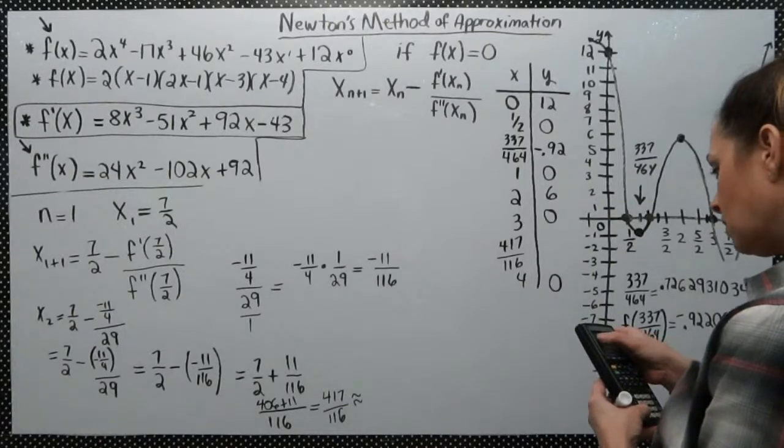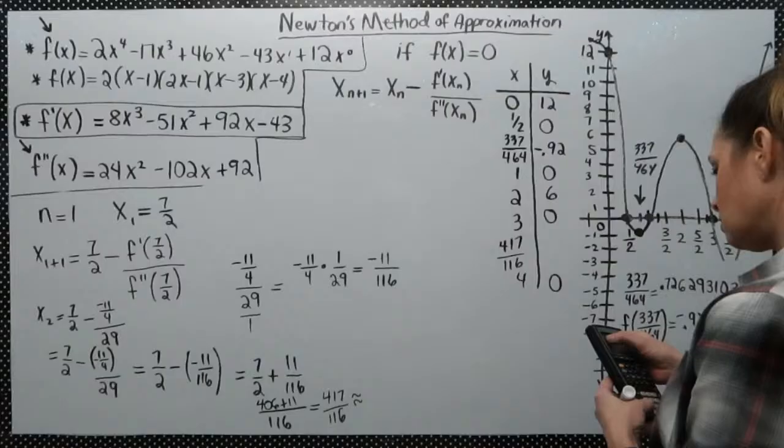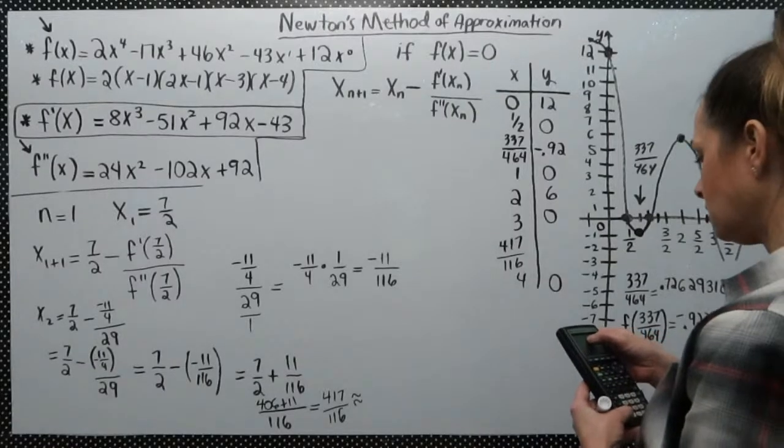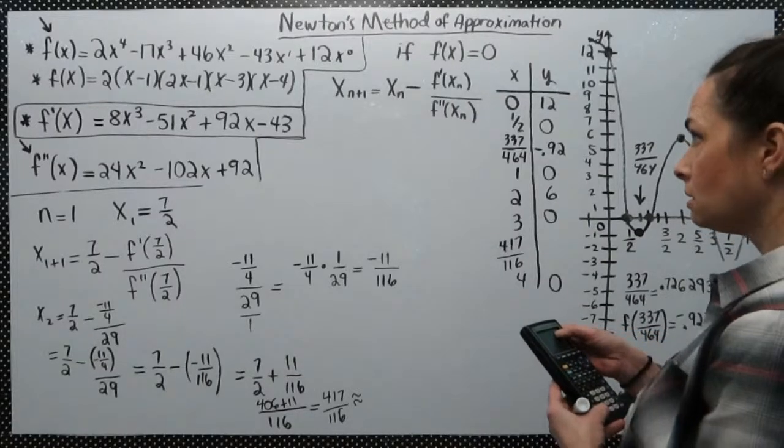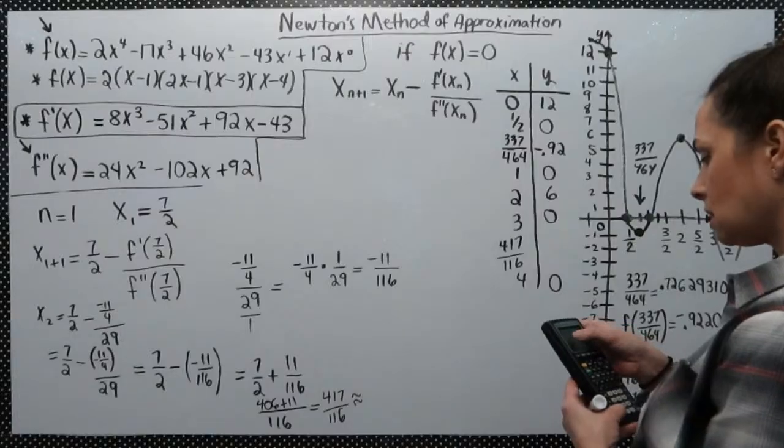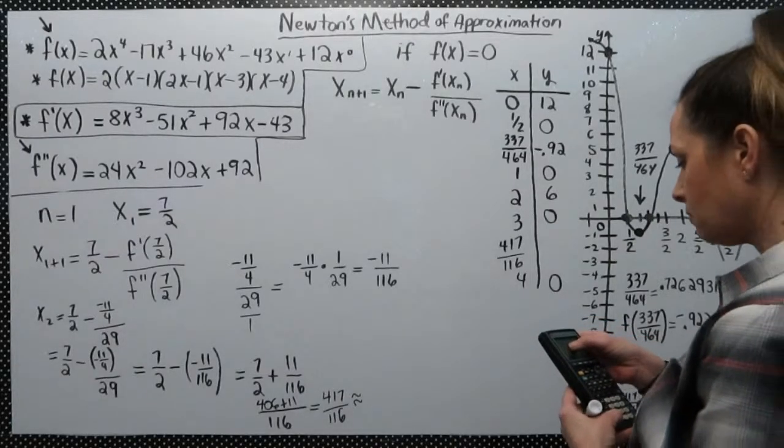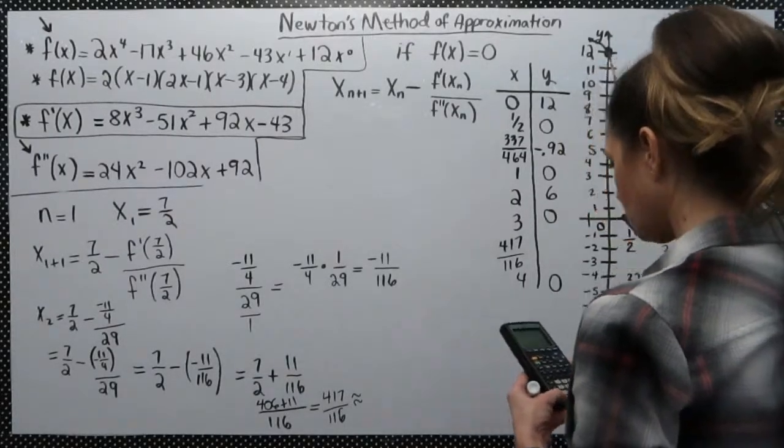All right, make sure I plug it in correctly. 2x to the fourth minus 13x cubed plus 46x squared minus 43x plus 12. Enter. All right.